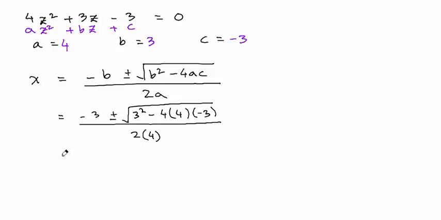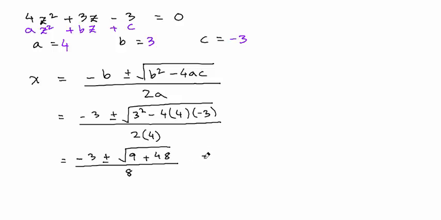And that simplifies to, let's try and simplify the quantity under the square root first. Negative 3 plus or minus square root of 3 squared, which is 9. This negative multiplies with this negative to give you a positive quantity. 4 times 4 is 16. 16 times 3 is 48. So we have 9 plus 48 under the square root, over 2 times 4, which is 8.